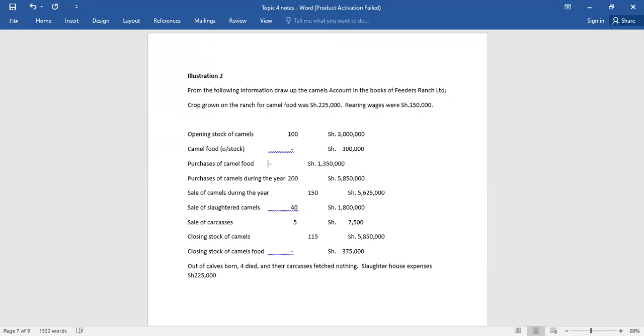You can just use the capital T enlarged method. Later on, you can try the vertical. The good thing about the capital T method is you are able to get the answers straight.